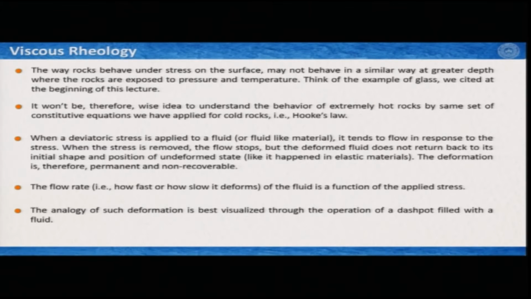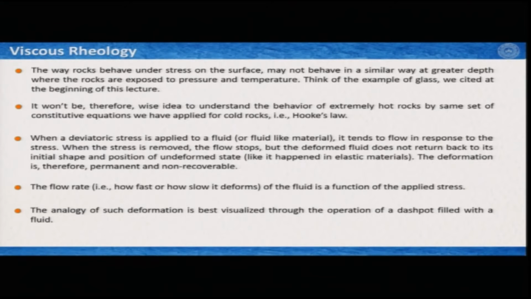Think of the example of the glass that we cited in the very beginning: at surface temperature it is extremely brittle and produces fractures, but when we heat it up, it flows like honey. We can observe very similar behavior in rocks at greater depth. So, we need a different kind of rheology which we can apply to hot rocks.